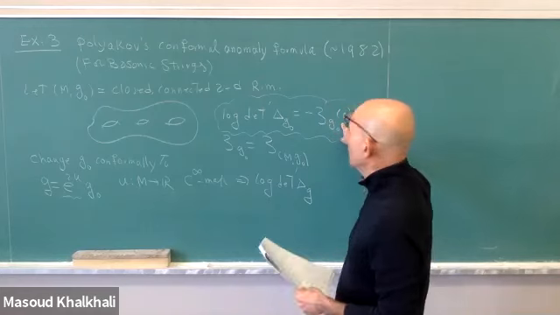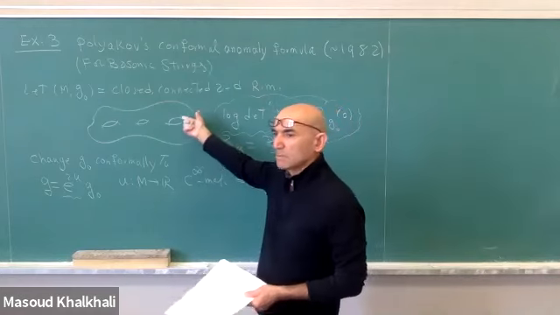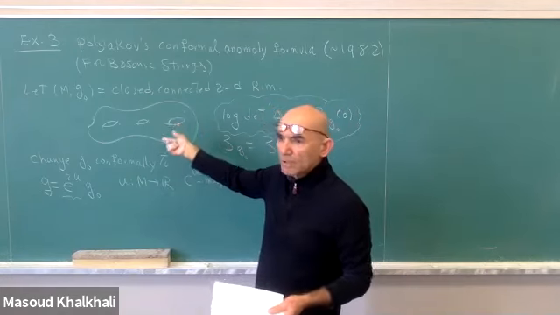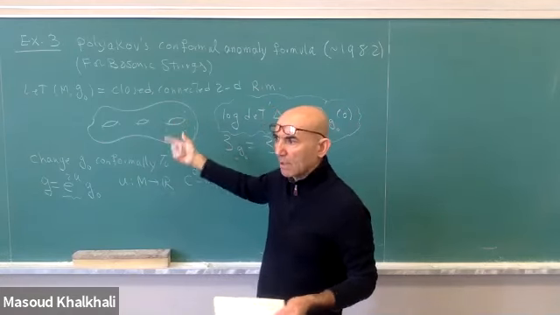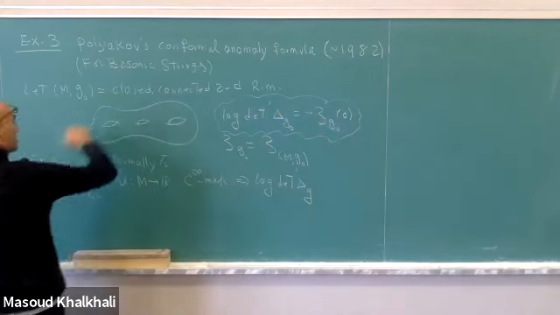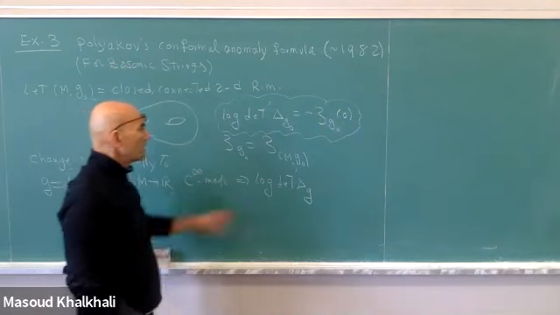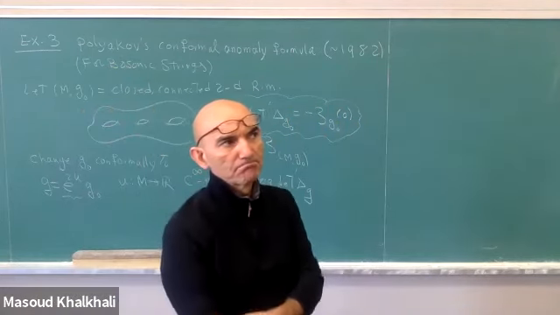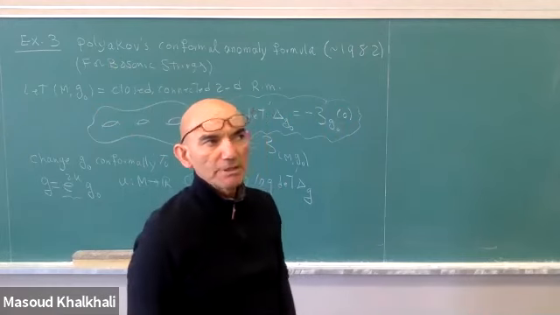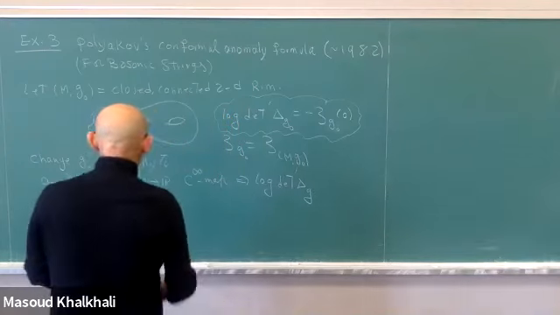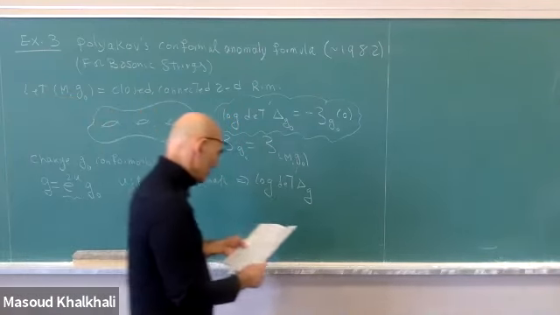So you can imagine for a general metric on a surface it is impossible to know what it is. But what Polyakov noticed is that the difference of these two numbers can be computed explicitly in terms of the data that you have. And that's really an amazing thing to know.